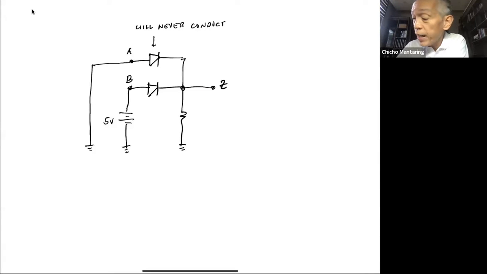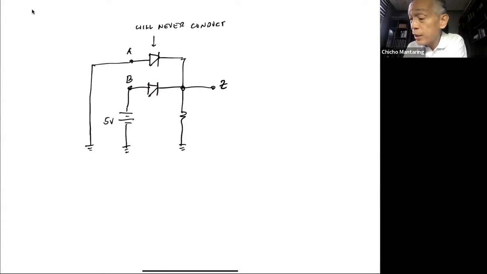On the other hand, if I take a look at this loop, notice that my current is tending to flow in the clockwise direction. So that's already an indication that maybe this is conducting. Now, how do I know that this is conducting? Again, there are two techniques. One is to assume it's conducting and replace it with its equivalent circuit. The other is to assume it's not conducting and replace it with its equivalent circuit.